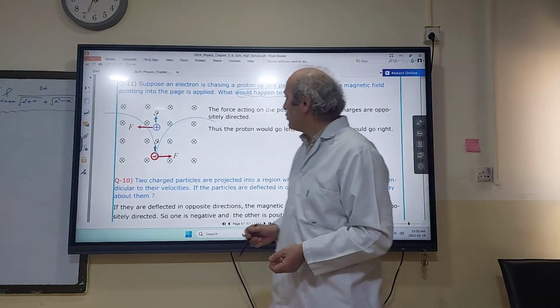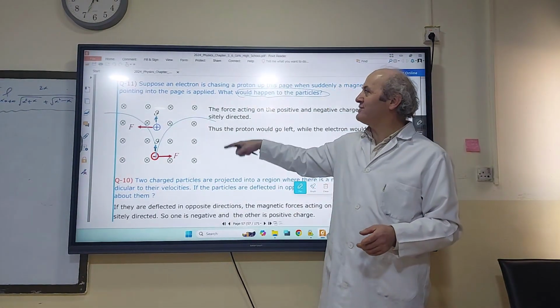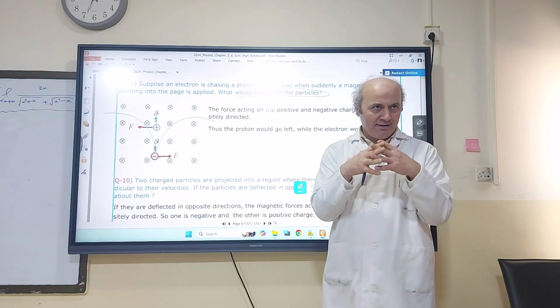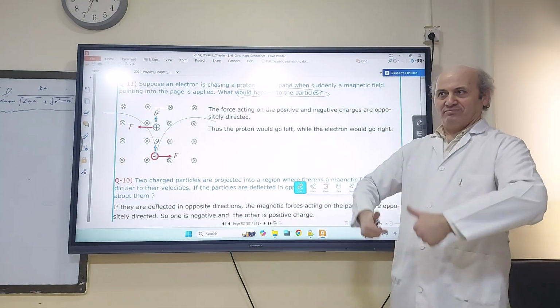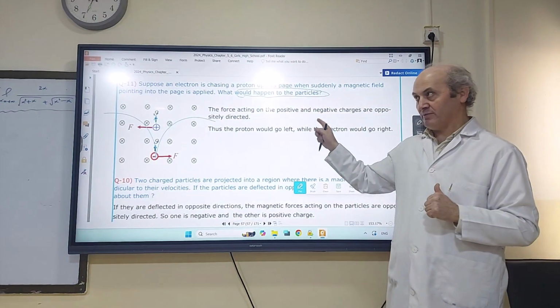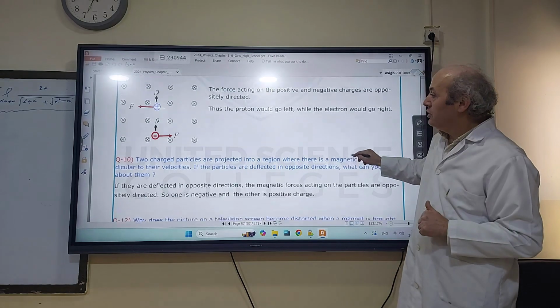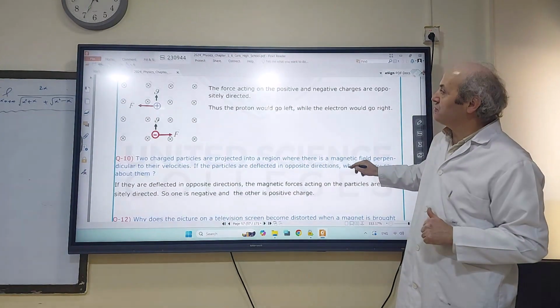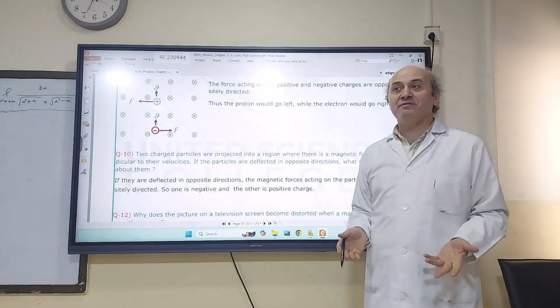Okay. Now question number 10. Why did I put question number 10? Because it is related to 11. 10 and 11 are so close to each other, but 11 is asking in the opposite way of 10. Now let's do 10. Two charged particles are projected into a region where there is a magnetic field perpendicular to their velocities.